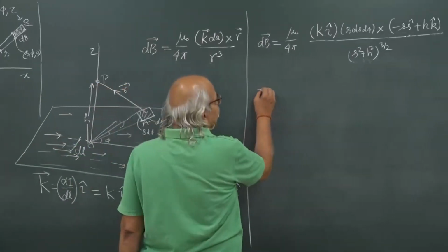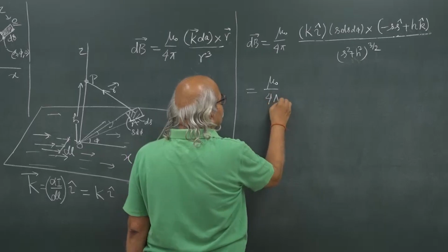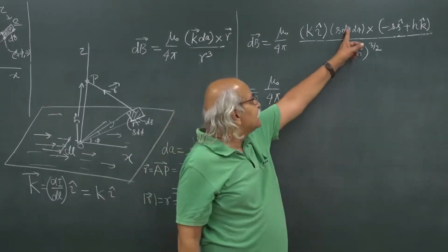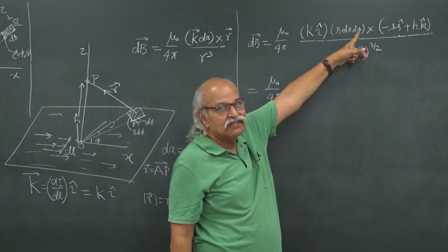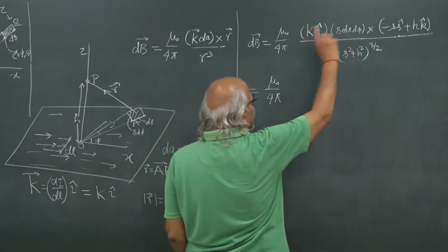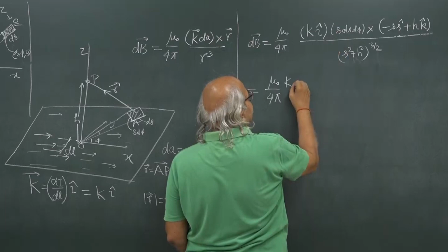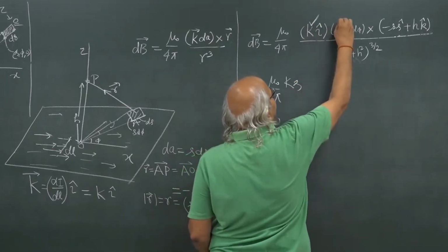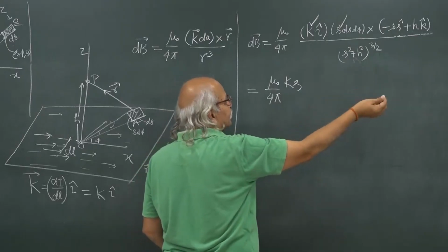So you can simplify now. This is mu naught by 4 pi. See, there are two variables, ds d phi. You have to integrate with respect to s, and you also have to integrate with respect to phi. But nevertheless, let us write this. So this k is there, this s is there, ds d phi I will write at the end.